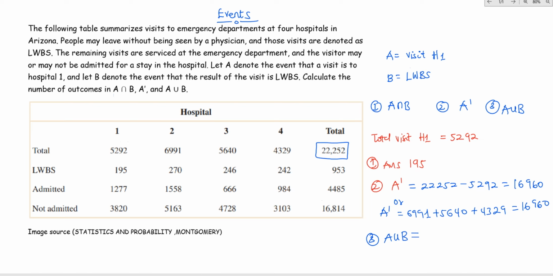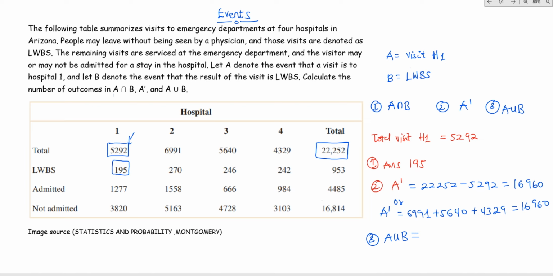When we take hospital one, these are the total number of people that went to hospital one, and out of that total, 195 of them were not attended to. We want to find the union of the total number of people that went to hospital one and the total number of people that were not attended to at all.